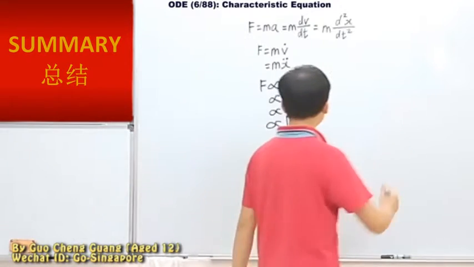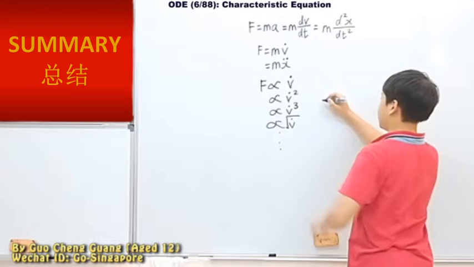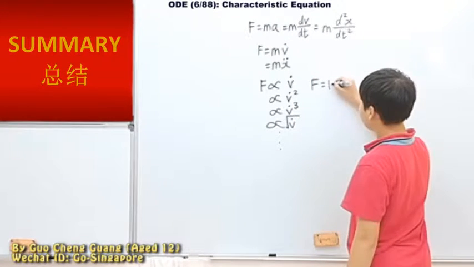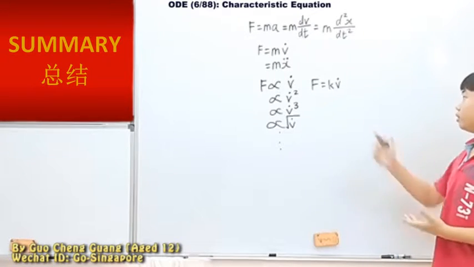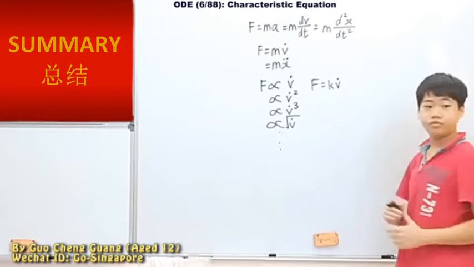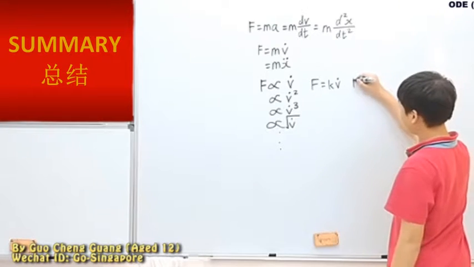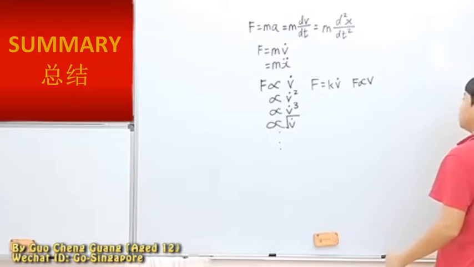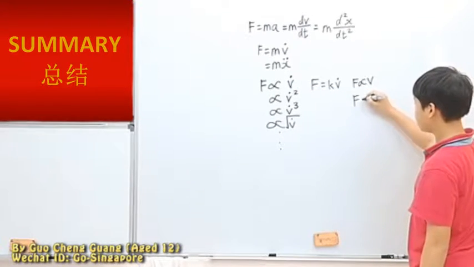For this first example, you might write it in this form, or in this form. But what if we don't have this dot above? Then it becomes like this. But there are such things.